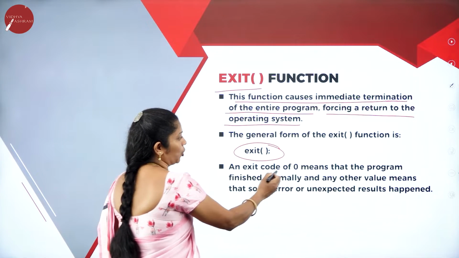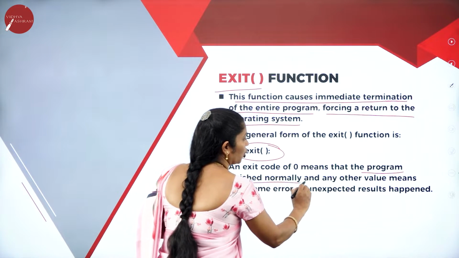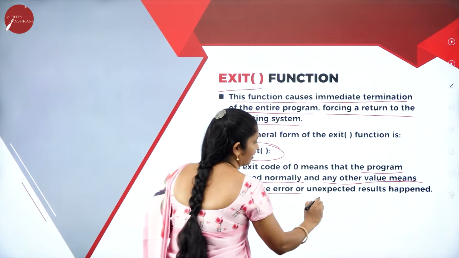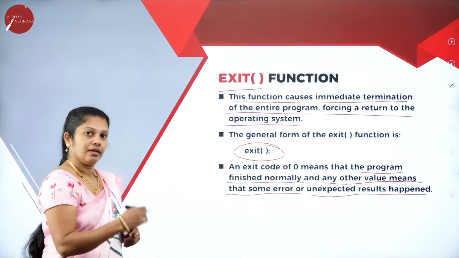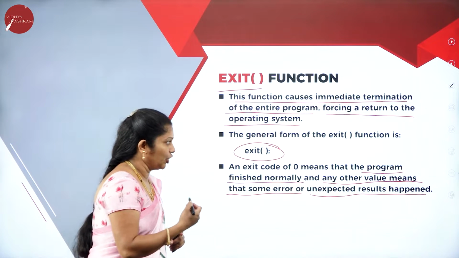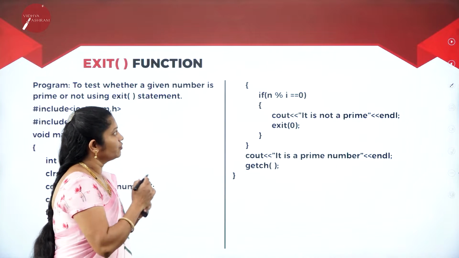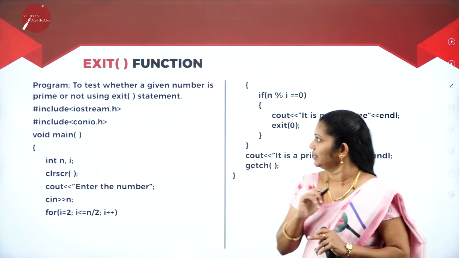An exit code of 0 means that the program finished normally, and any other value means that some error or unexpected result happened. It means that if I write 0, the program finished normally. Next, we will explain this exit function with one example as well as syntax.